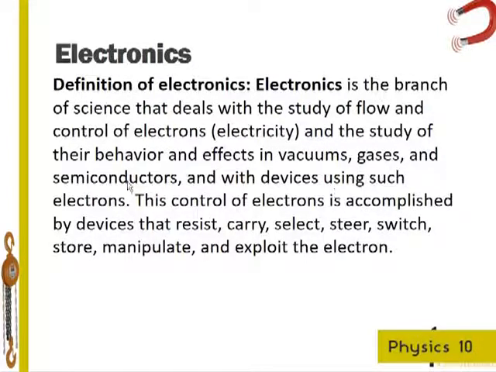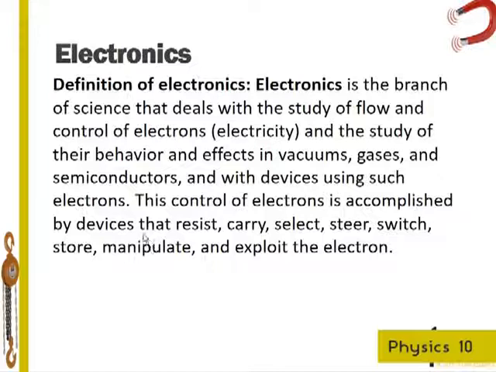And it's also the study of their behavior and their effects in vacuums, gases, semiconductors, and with devices using such electrons. Now, this control of electrons is accomplished by many of the devices we're going to have a look at in this unit. And these are devices that are able to do a number of things in relation to electrons.